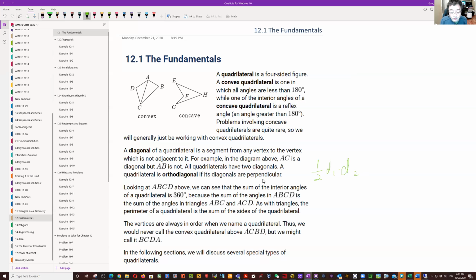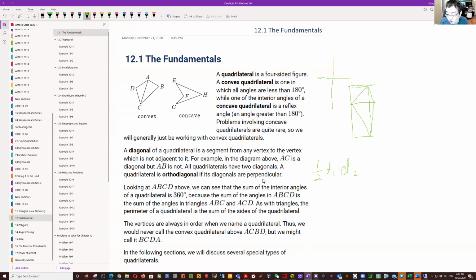A lot of orthodiagonal quadrilaterals exist: rhombus is one, kite is another one. And you don't have to be either kite or rhombus; you can have something that's orthodiagonal, not rhombus nor kite, and you still can use this formula.